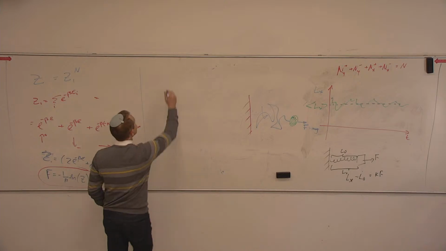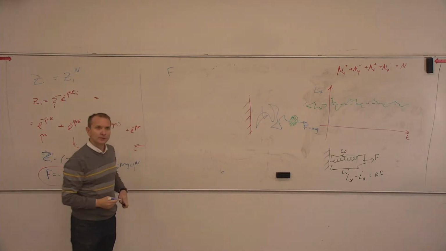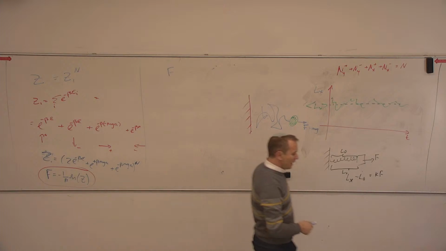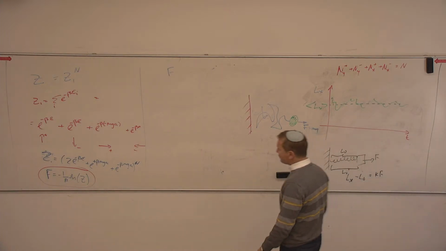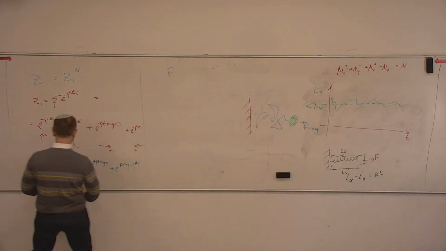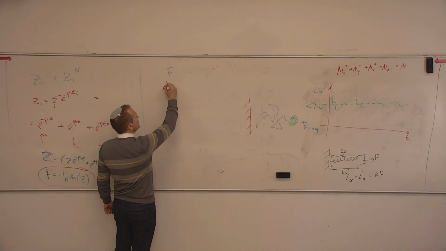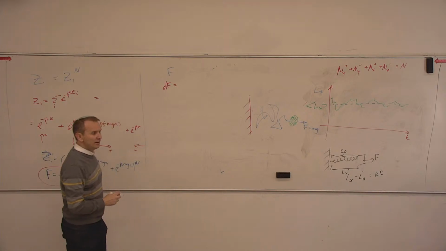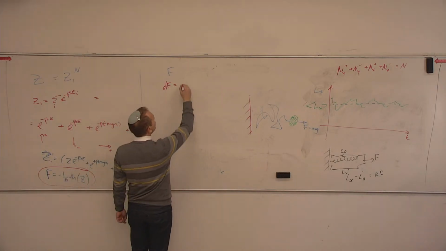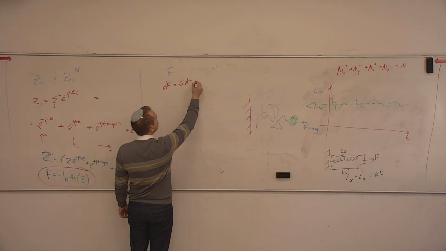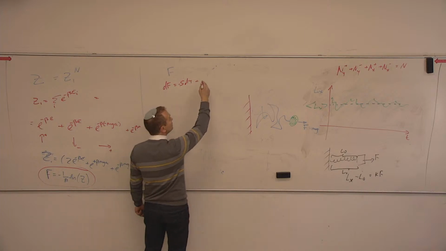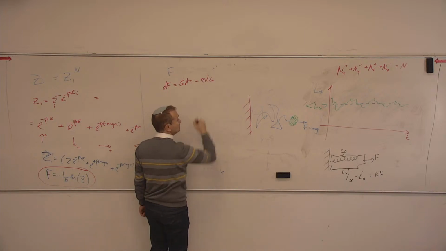In thermodynamics, let's assume that you have F. And if you now want to obtain some knowledge about the behavior of F, you write down that dF equals minus S dT plus tau dL.